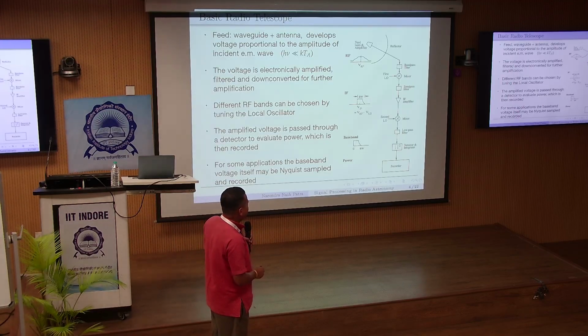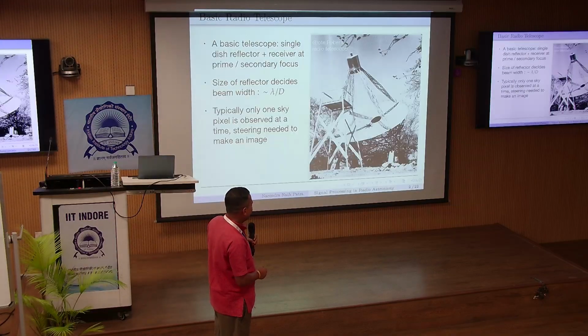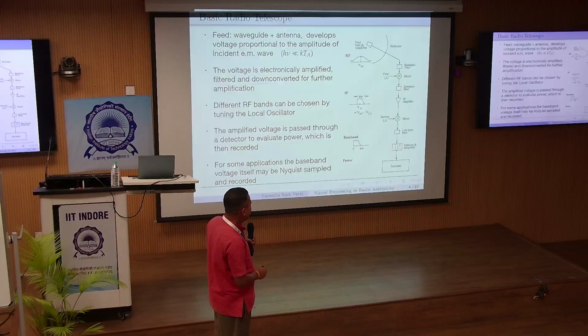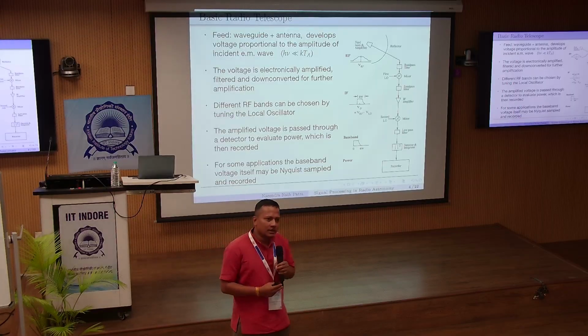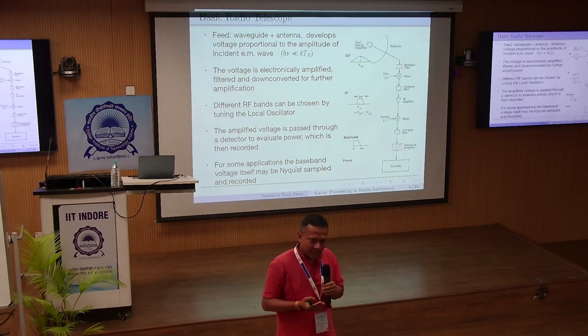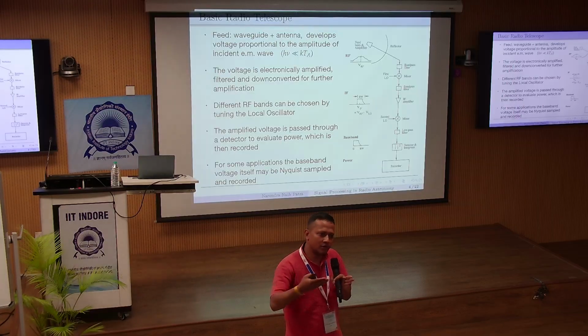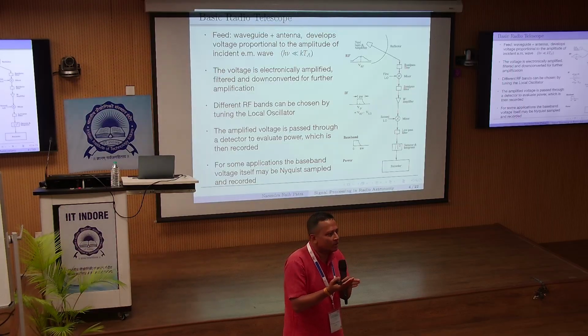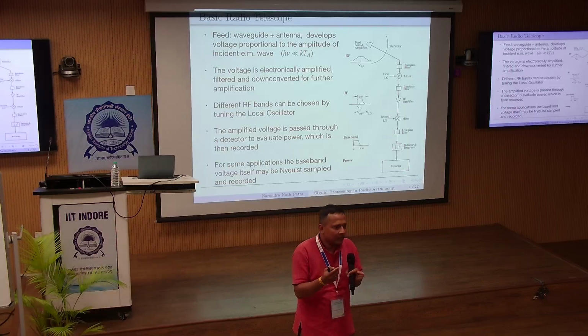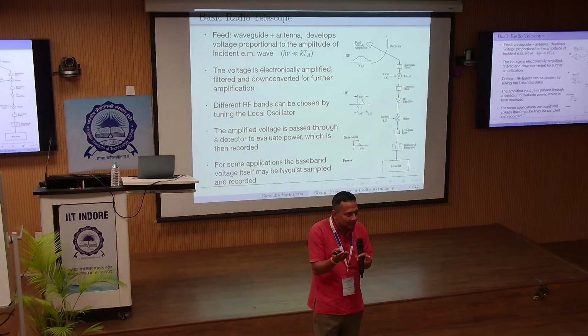So this is the front end, which I have shown here, this guy. Now the typical electromagnetic field, this light and all these things, is basically an oscillating electric field. It's a real electric field and a magnetic field perpendicular to each other.